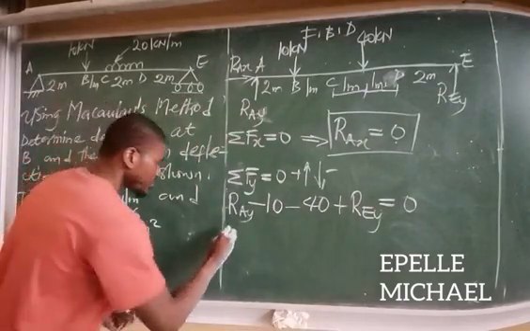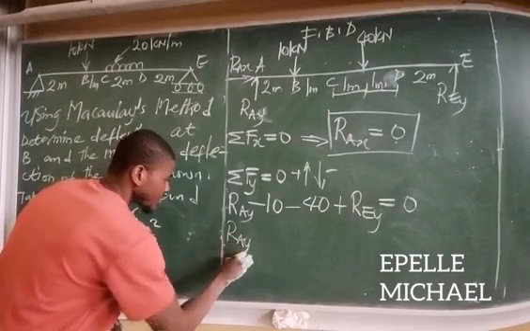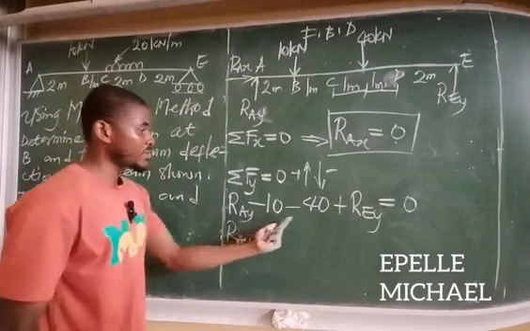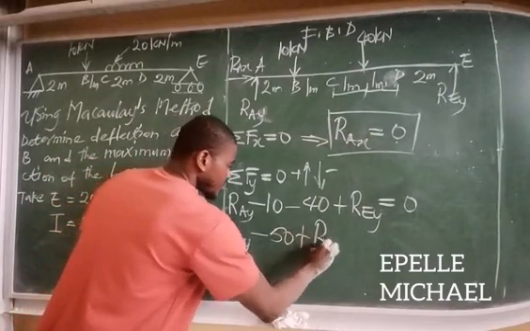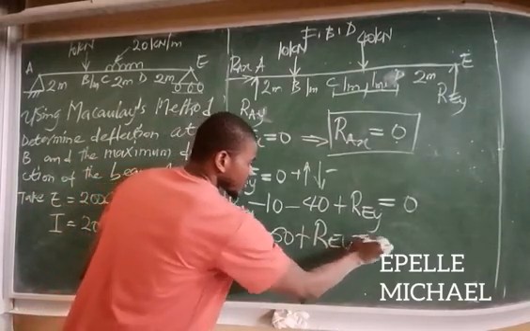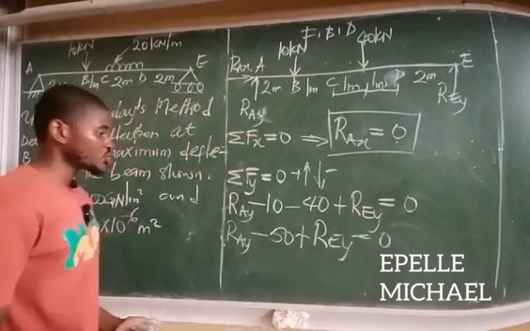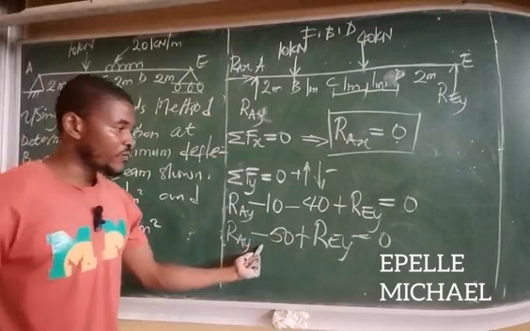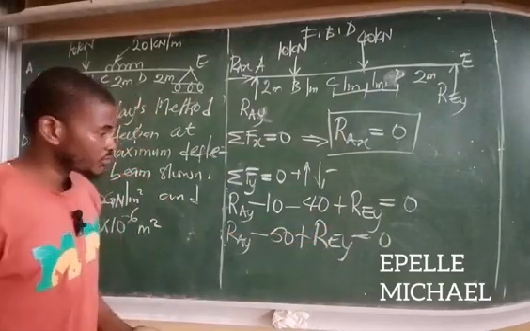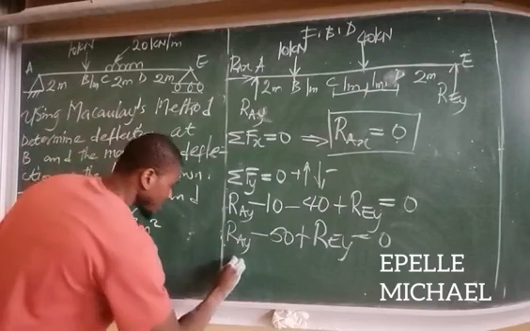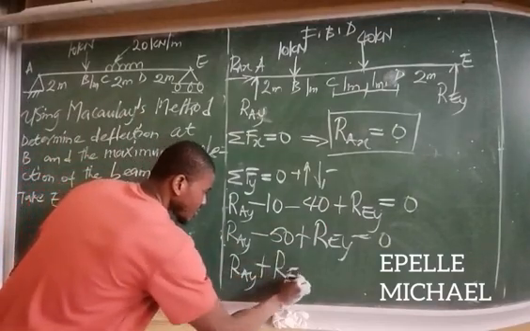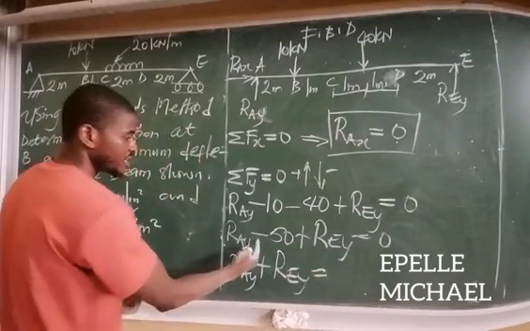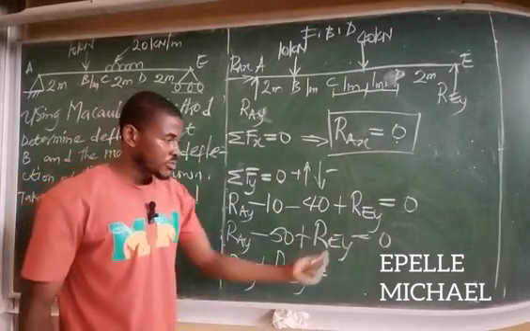This gives us RAY minus 10 minus 40, which is minus 50, plus REY, equal to 0. We send minus 50 over to the other side of the equation, and we obtain RAY plus REY equals 50, since the negative sign crosses the equal sign and becomes positive.